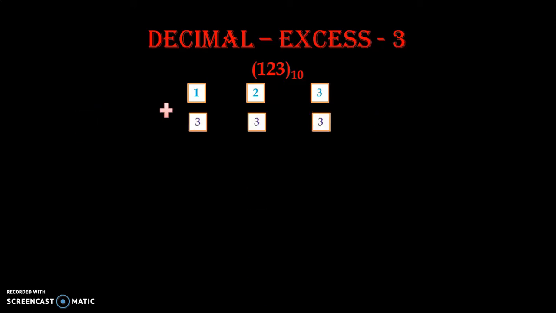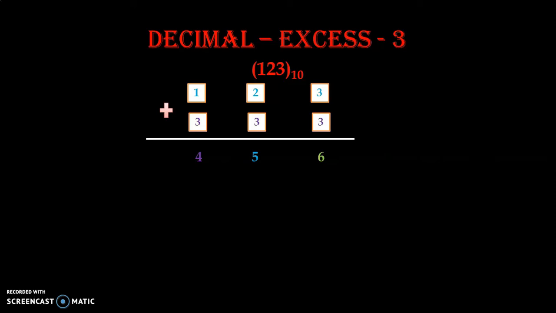Let us take one more example, and then the conversion process will be properly understood. Suppose we take the decimal number 123. So we write 1, 2 and 3. Then we add decimal number 3 to each digit. So 1 plus 3 is 4, 2 plus 3 is 5 and 3 plus 3 is 6.